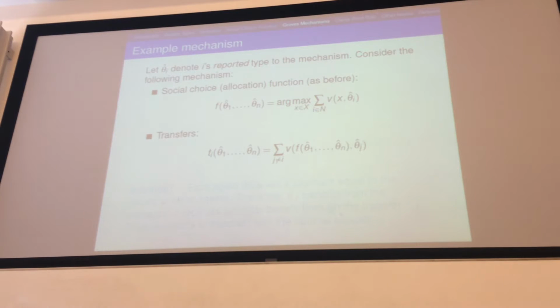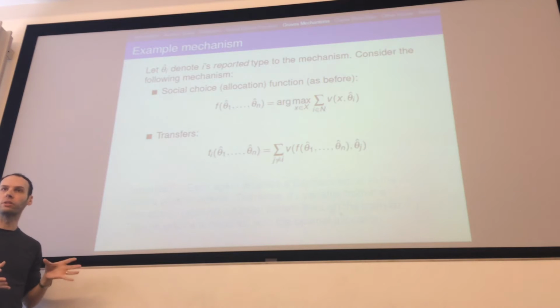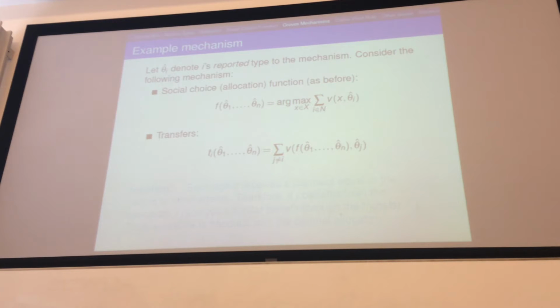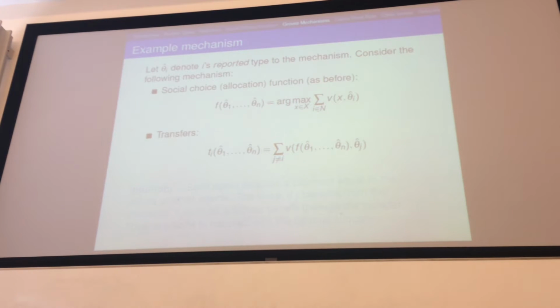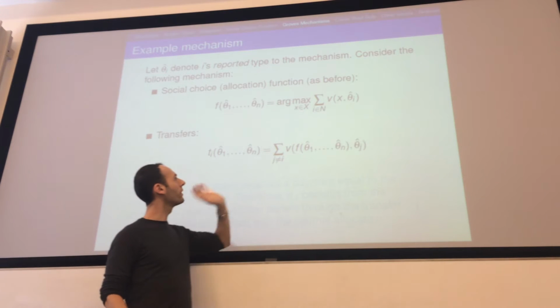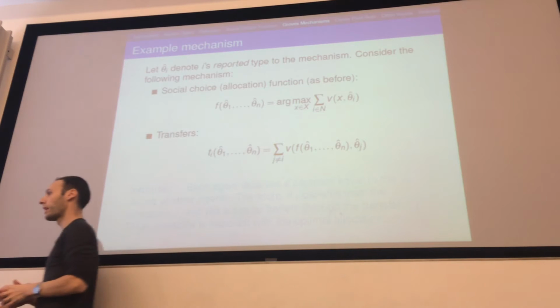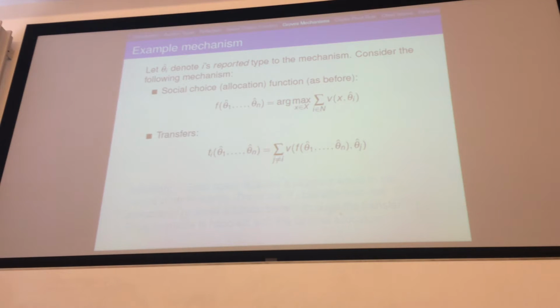Now, the mechanism doesn't know the true valuation, or the true preferences of the agent. It only knows what the agent chooses to tell the mechanism. So we only have the agent's reports, and the mechanism then uses those to compute our social choice function. It's a direct mechanism.